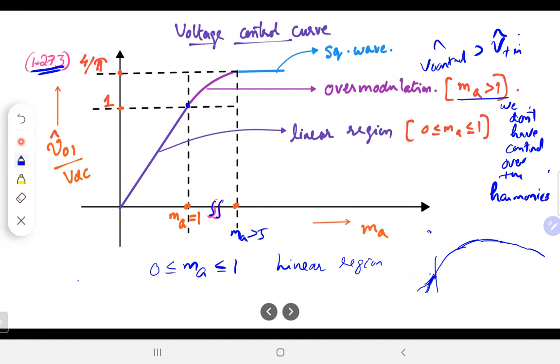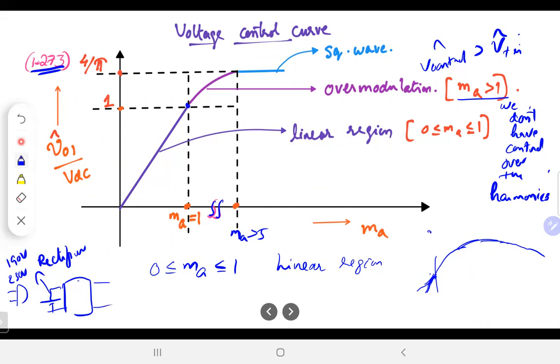But we would try to use this to our advantage sometimes. Suppose you have a motor drive circuit, and this DC link comes from a rectifier, which in turn comes from a 230 volt supply. Now it might so happen that due to some drop at the point of common coupling, there is a voltage sag, resulting in, let us say, 190 volt instead of 230 volt.